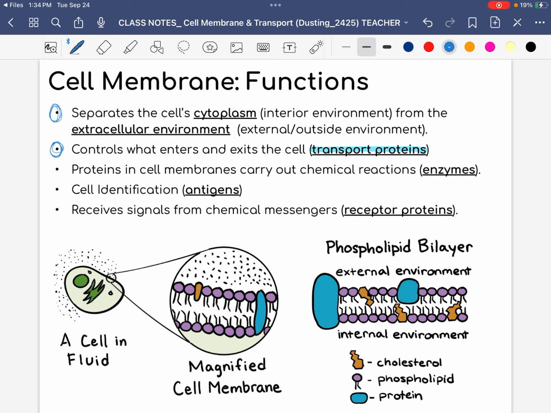The cell membrane also has a few other jobs here. They're more minor jobs, but they are still jobs. So one thing it can do is that it can carry out chemical reactions using enzymes. It can identify what kind of cell it is using different types of antigens, which are kind of like the fingerprint of the cell.